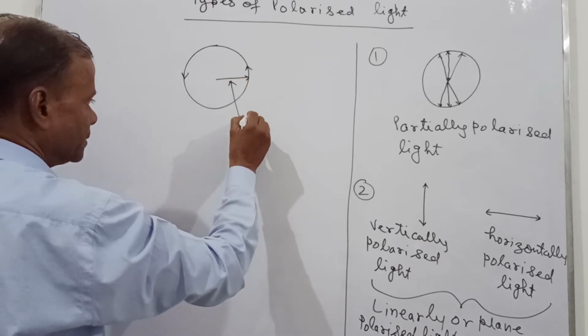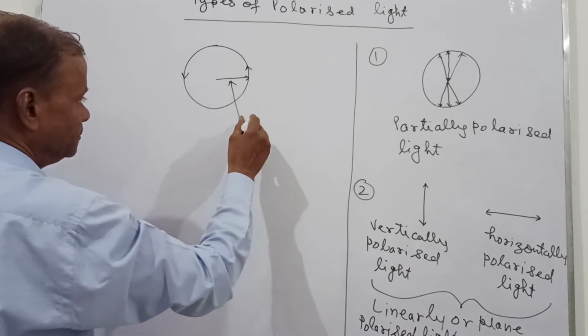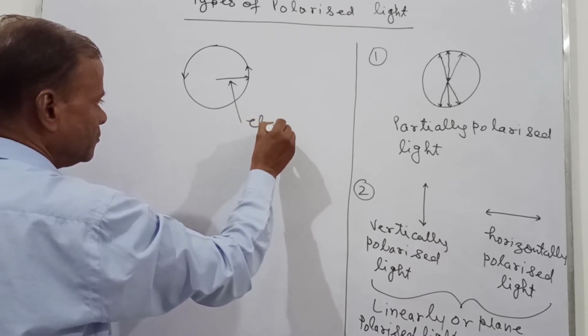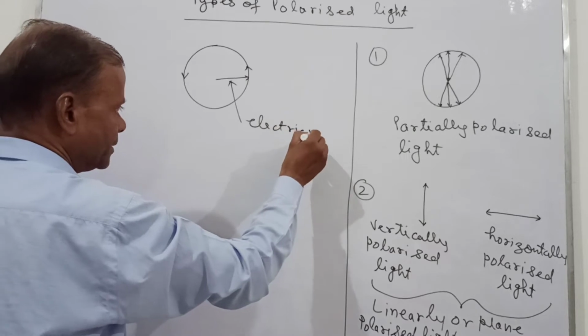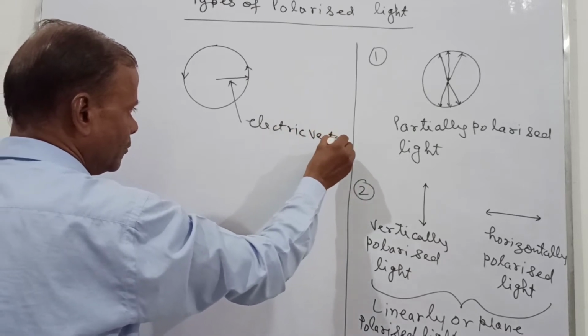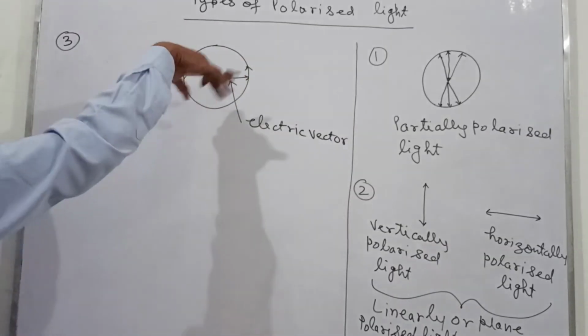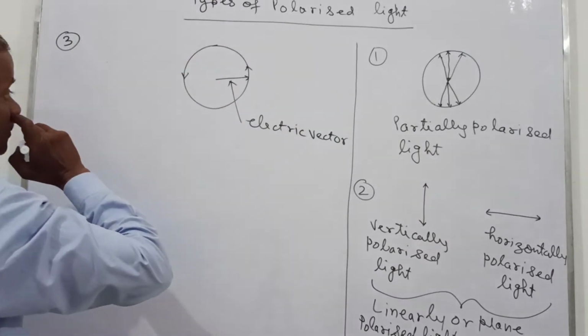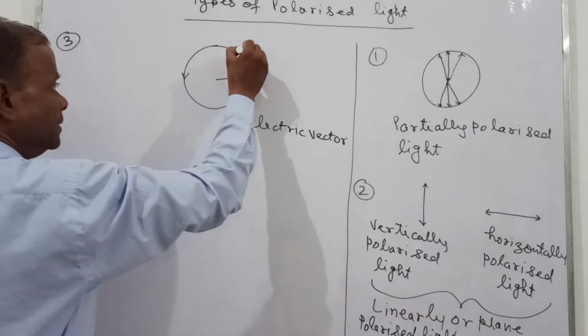Now this rotates in this way, so this makes the circle. So this is called the circularly polarized light.